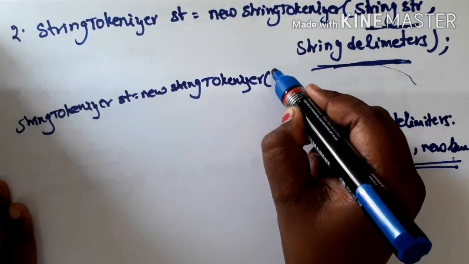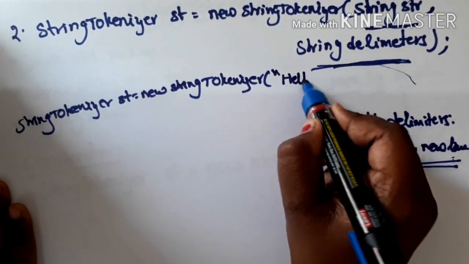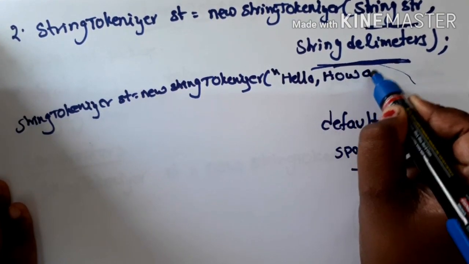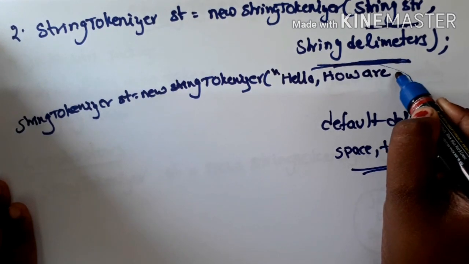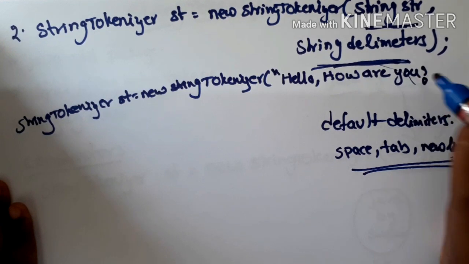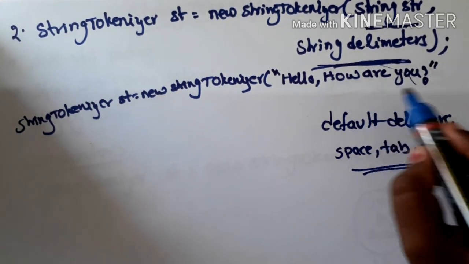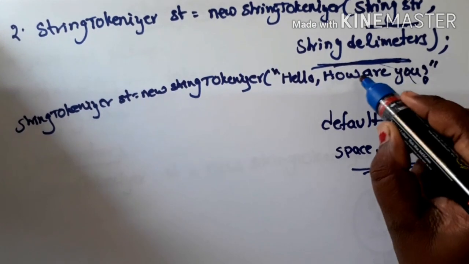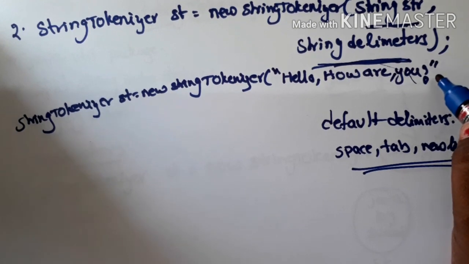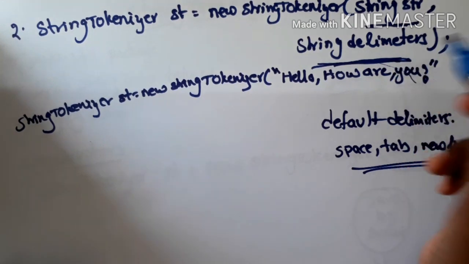So here I'm passing the string "Hello, how are you?" with a comma in it. Then I need to pass the delimiters also.